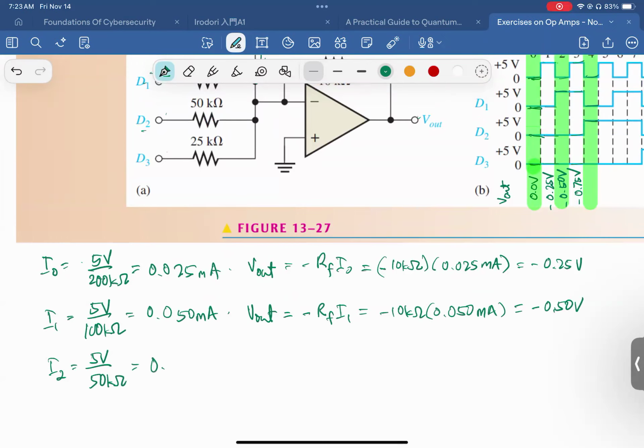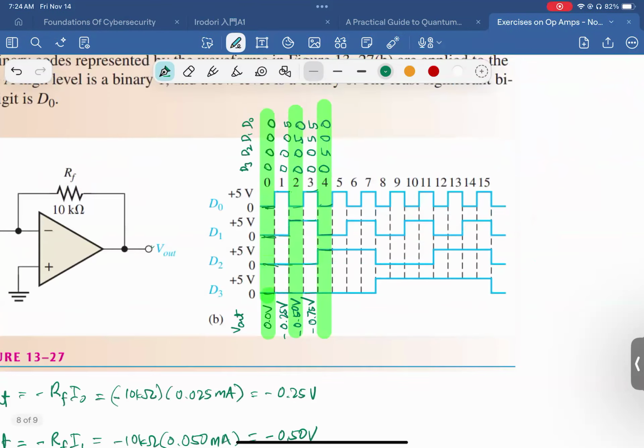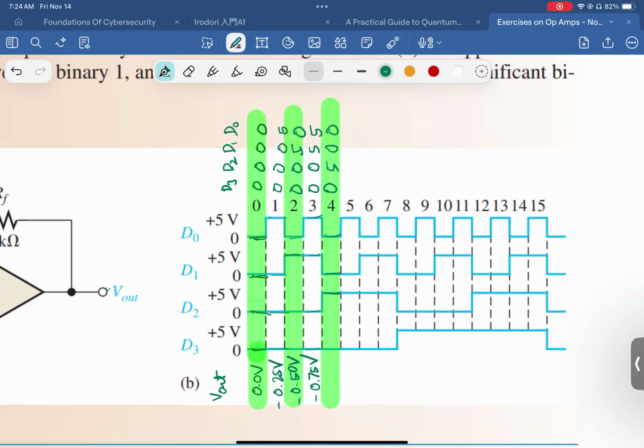So this will give us 0.100 milliampere. And yung V out ay equals to negative RF times I2, so negative 10 kilo ohms times 0.1 milliamperes, or negative 1 volt. So yung output dito is negative 1.00 volts.